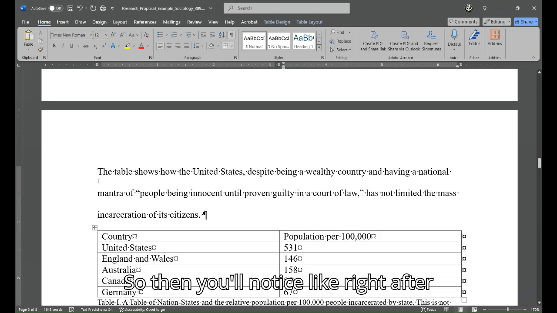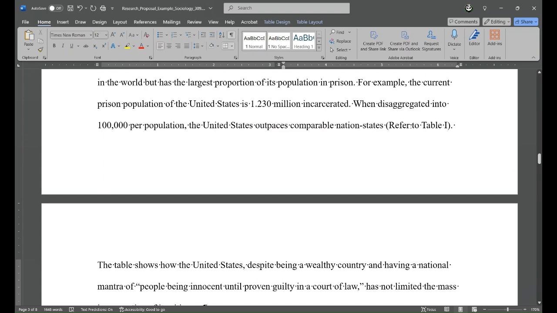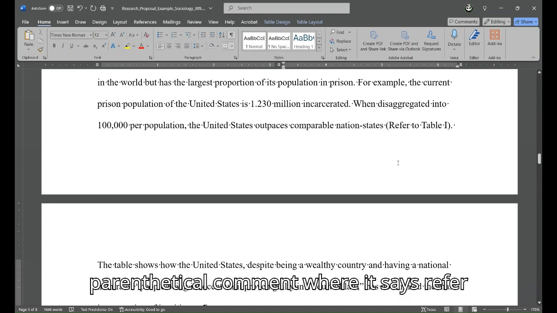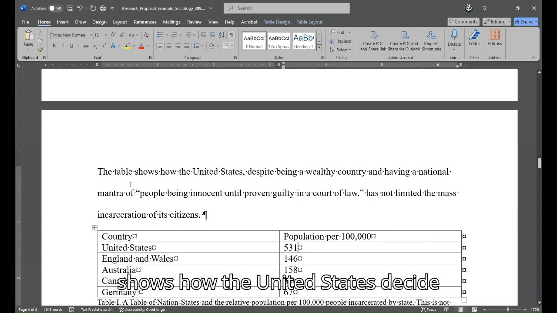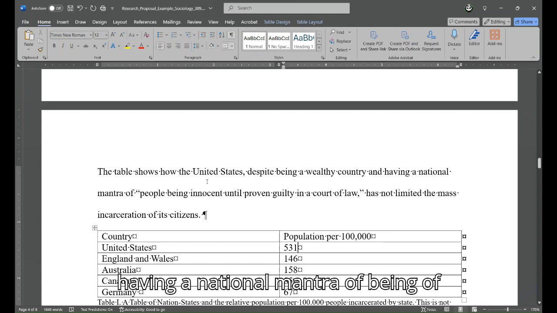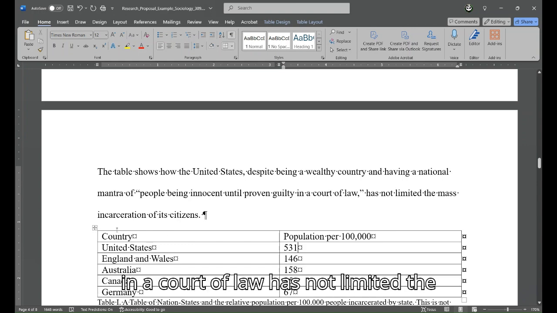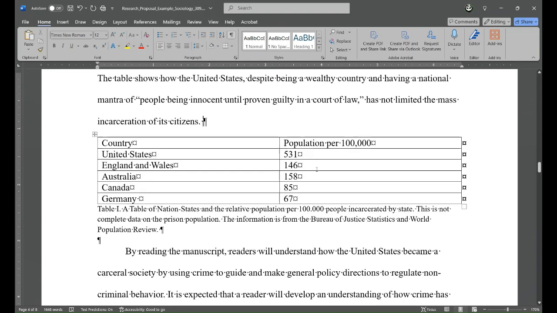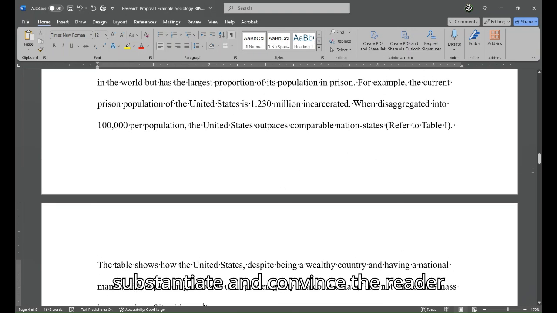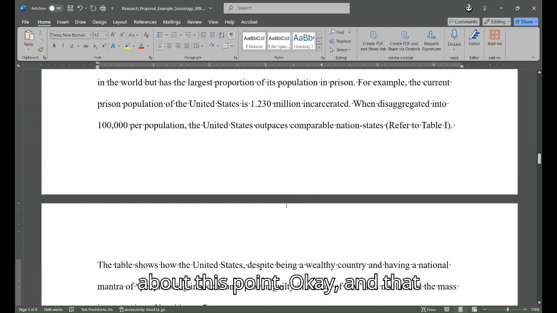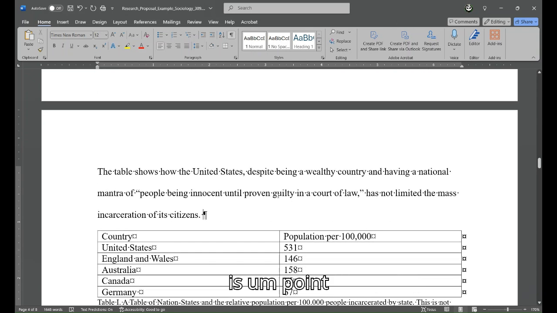So then you'll notice, right after this parenthetical comment where it says refer to table 1, I wrote, the table shows how the United States, despite being a wealthy country and having a national mantra of people being innocent until proven guilty in a court of law, has not limited the mass incarceration of its citizens. Right. And this is the proof to substantiate and convince the reader about this point. Okay, and that is point number 4.